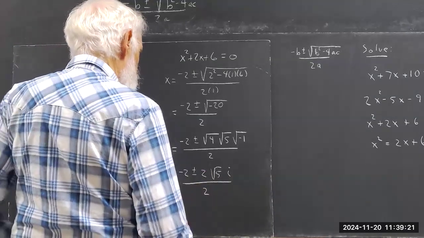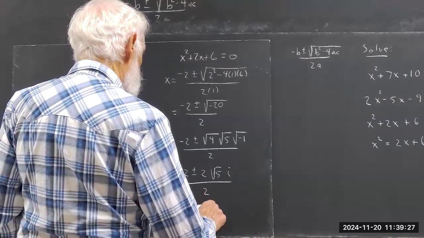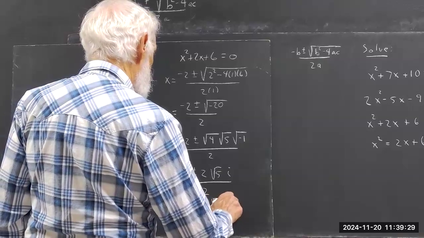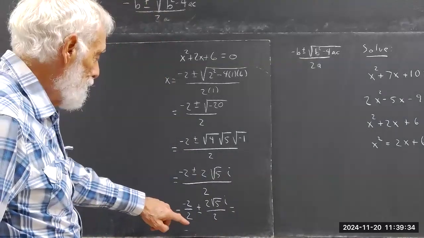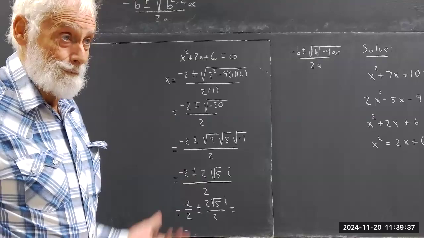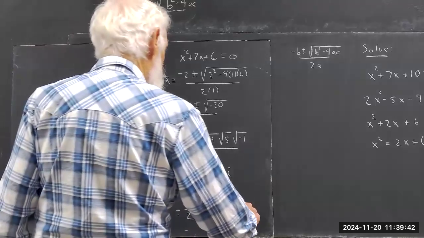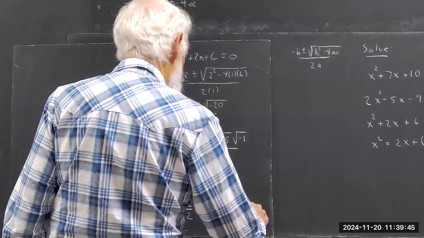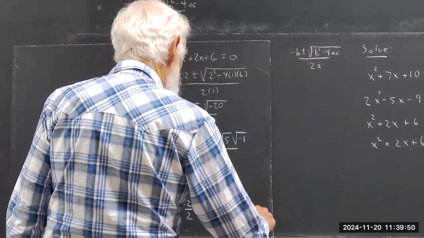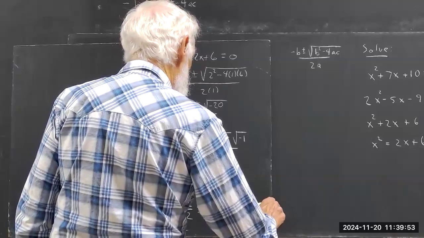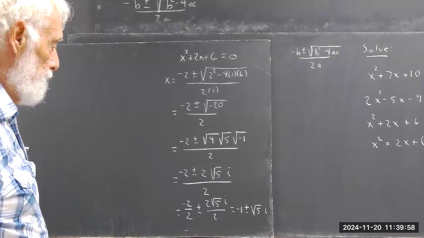So then you could say, well, this is negative 2 over 2 plus or minus 2 square root of 5 i over 2. And of course, you can simplify this. Negative 2 over 2 is negative 1. Well, obviously. And then this 2 will divide this 2, leaving you square root of 5 i.